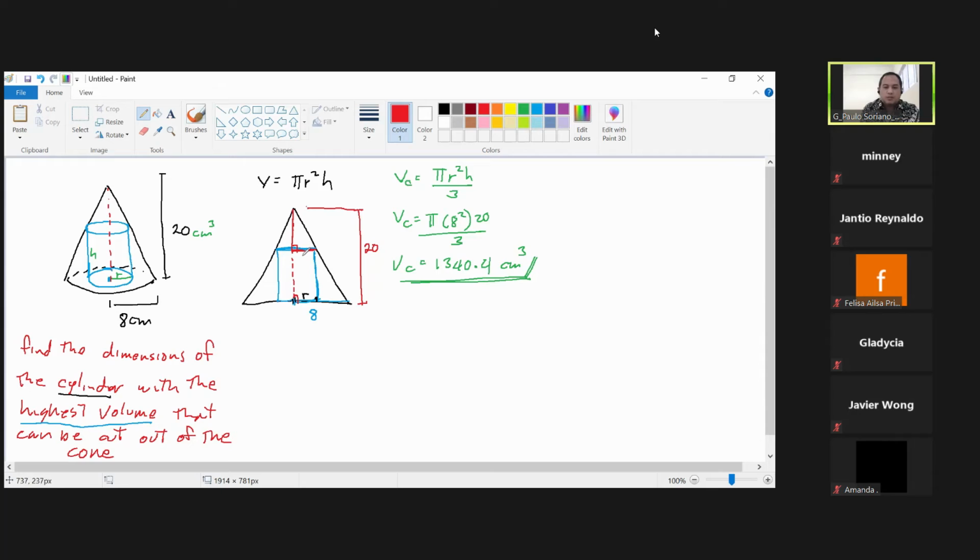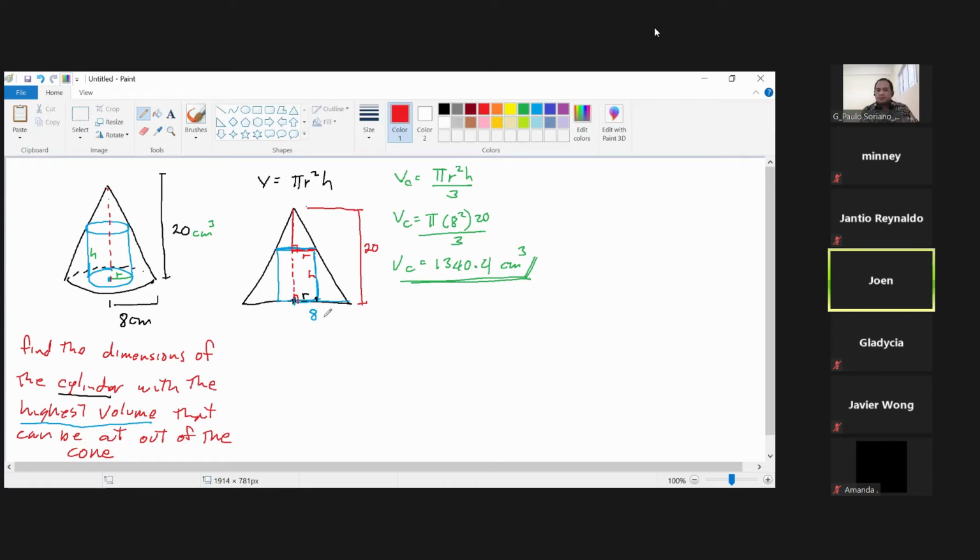This is also R. What information can we get here? We are trying to find the h of the cylinder. Is there a way to solve for h?